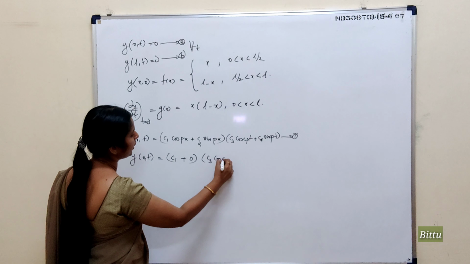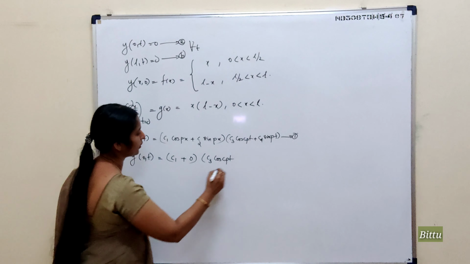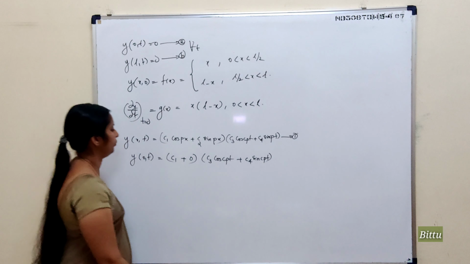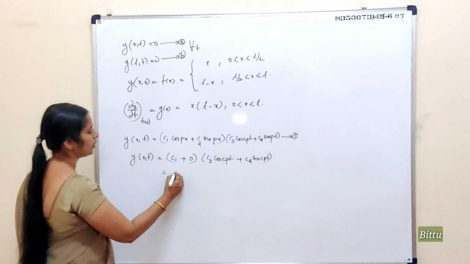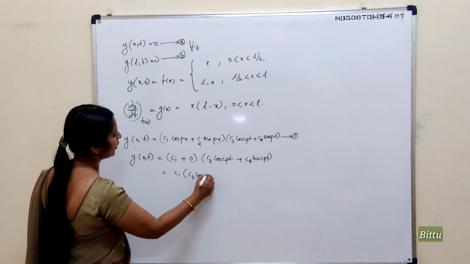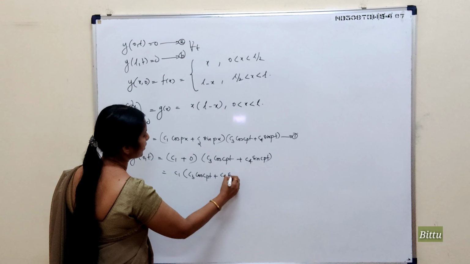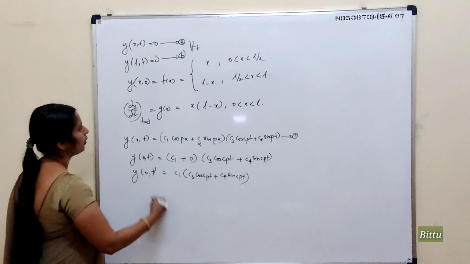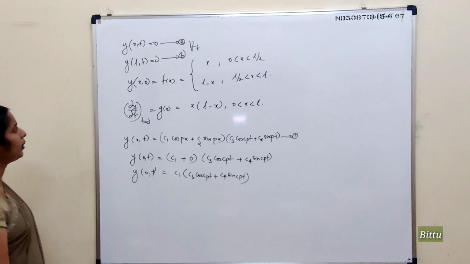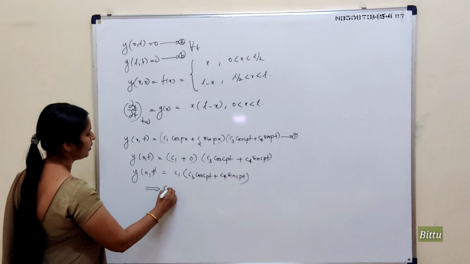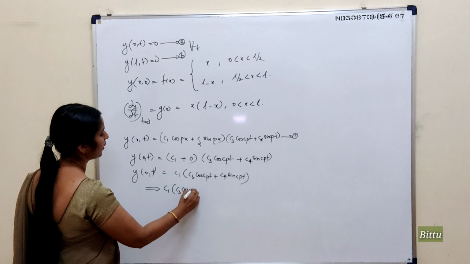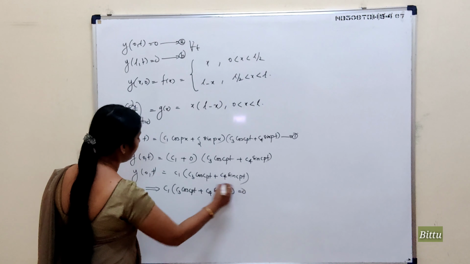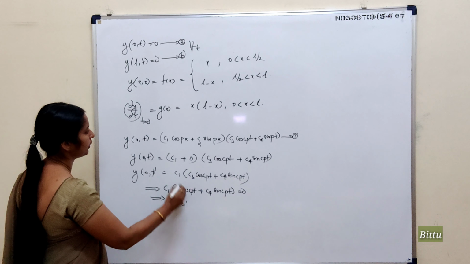In this term there is no x: c3 cos cpt plus c4 sin cpt. That is c1 into (c3 cos cpt plus c4 sin cpt). This is our y of 0,t. By condition A, y of 0,t equal to 0, which implies c1 into (c3 cos cpt plus c4 sin cpt) equal to 0, which implies c1 equal to 0.